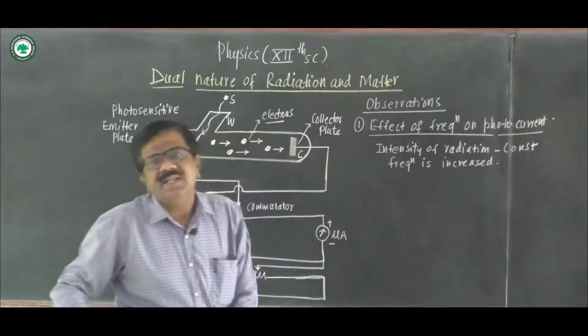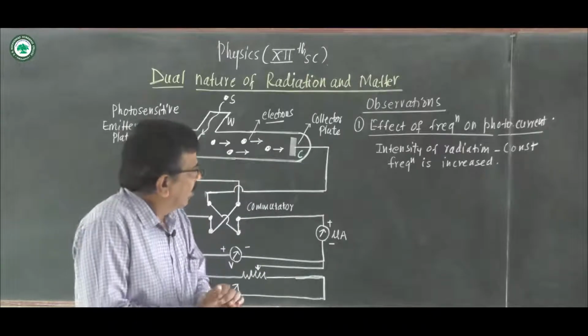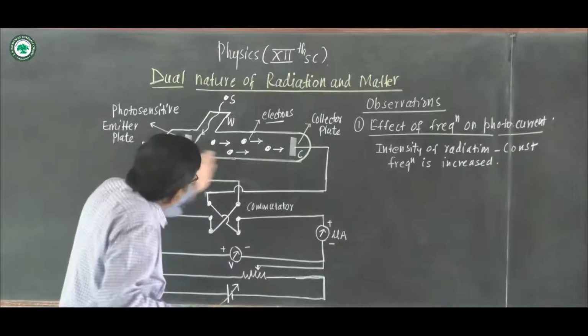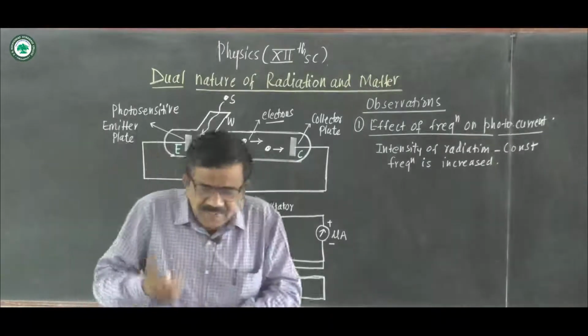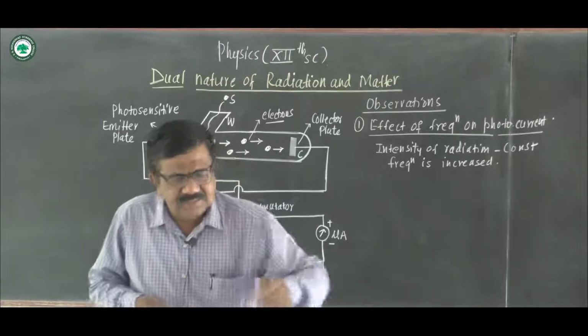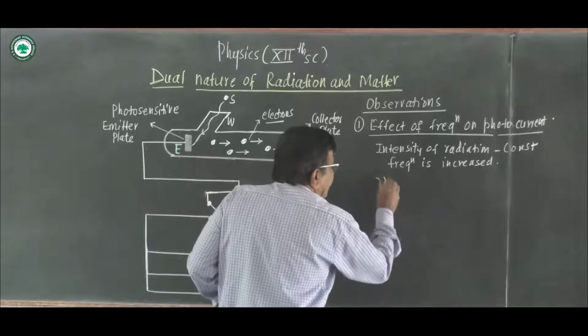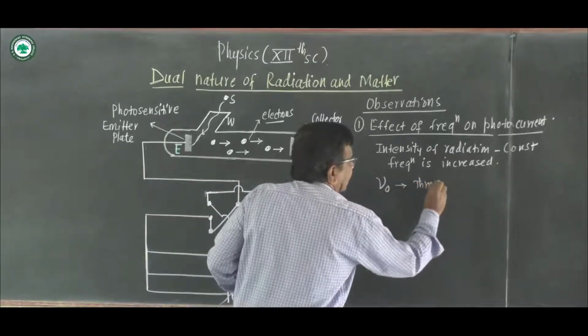One main thing here is that intensity is kept constant and frequency is increased. At a low frequency, photoelectrons are not emitted by the emitter, but as frequency is increased, at a certain frequency, which we call the threshold frequency, the photoelectrons are emitted.